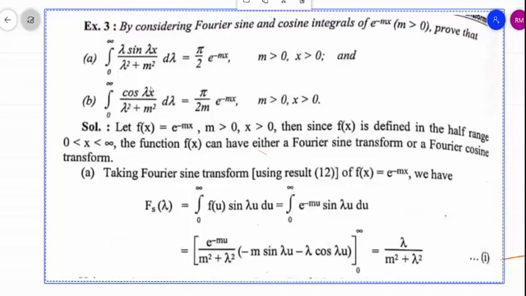So as per the chart, and by considering f of x as e raised to minus mx, Fs of lambda is given by integration from 0 to infinity of this. Since f of x is given, we can easily find f of u by replacing x by u. We get such an integration, and we know how to solve the integration of a product of exponential and sine function.